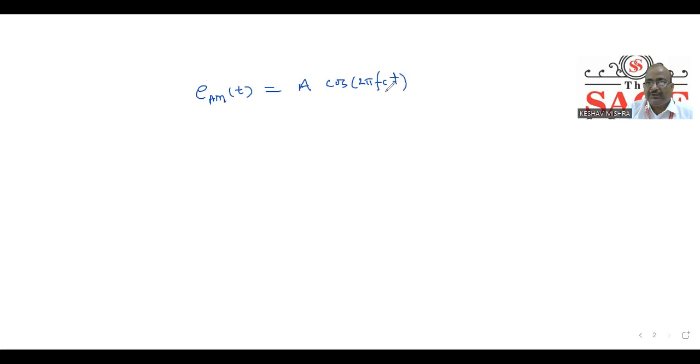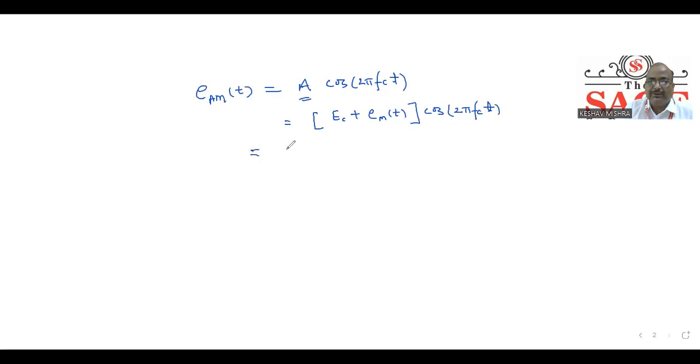We have not changed the frequency, we have only changed the amplitude, and this amplitude is Ec plus Em(t), times cos 2 pi fc t. This is the third waveform generated after the process of amplitude modulation, which is the AM signal.